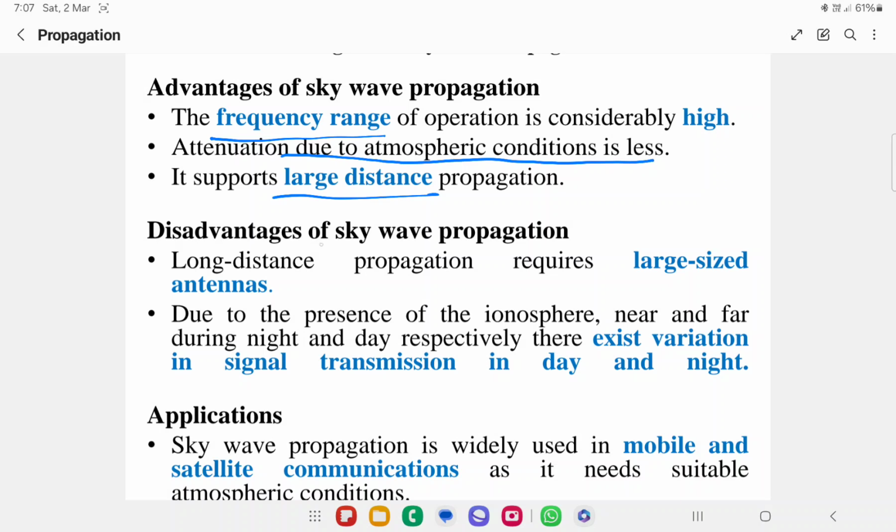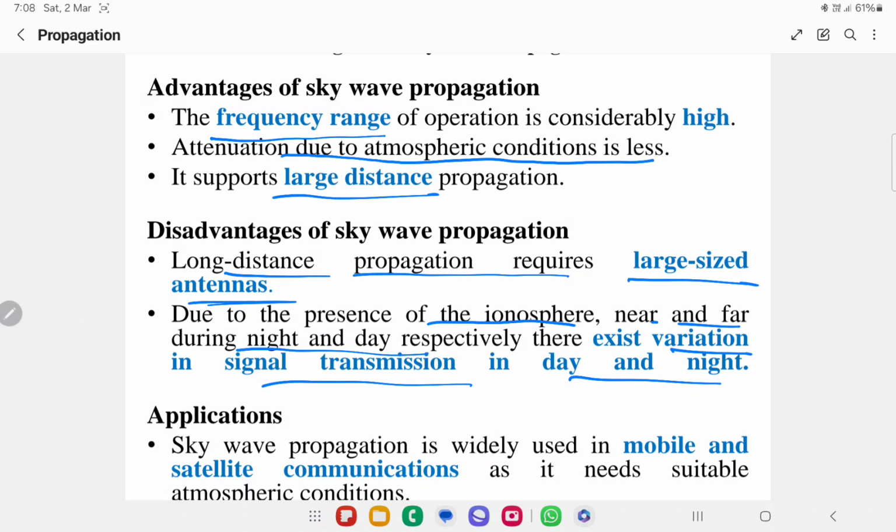Now when we are sending over long distance, as we said, it will always require a large sized antenna. And due to the presence of the ionosphere, near and far, during night and day, there will be some variation in the signal transmission. In daytime the signal strength will be different, and at night time it will be different, so some variation will occur.